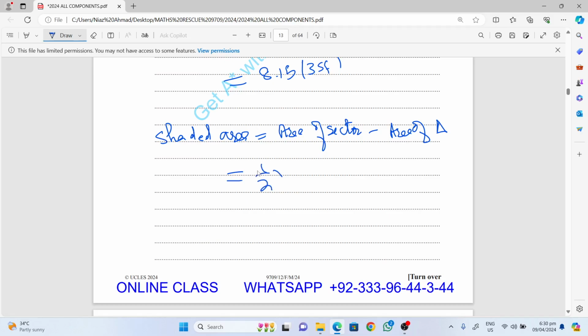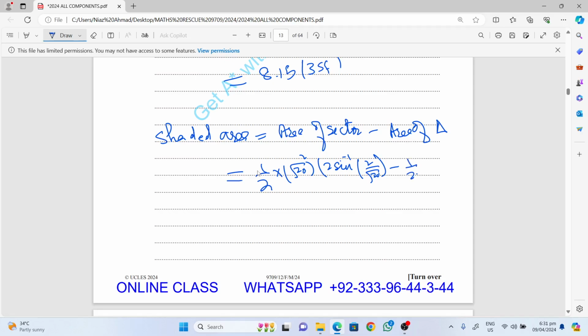This is 1 over 2 into r square, and r square is 20 under root, into theta, that is 2 sine inverse 2 over under root 20, minus area of triangle is 1 over 2 r square sine theta.